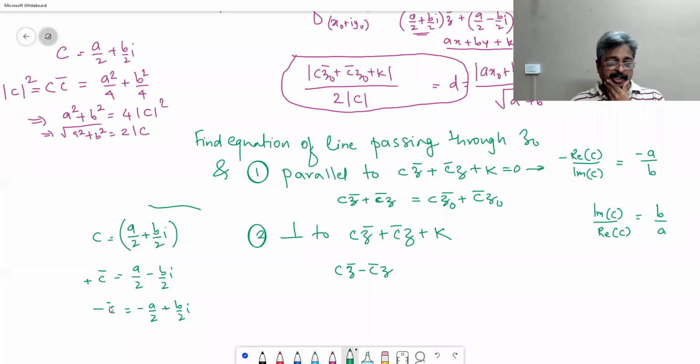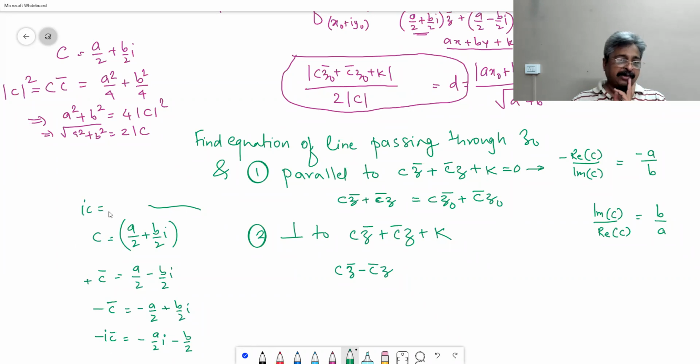I should consider this c z bar, multiply it by i. So minus i times c bar is equal to minus a by 2 times i minus b by 2. Okay. And if I multiply this fellow also by i, what will I get?